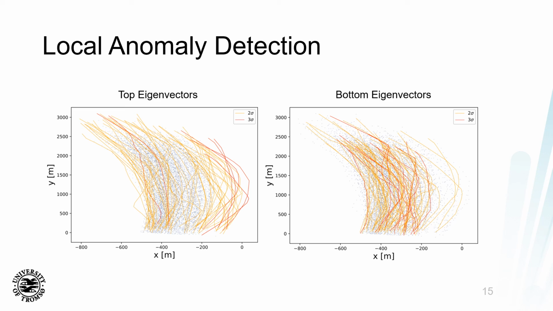trajectory anomalies. So here again, we have evaluated based on thresholding the 2 sigma and 3 sigma intervals, where you see here actually that we have sort of more erratic and more irregular trajectories than for the top eigenvectors.